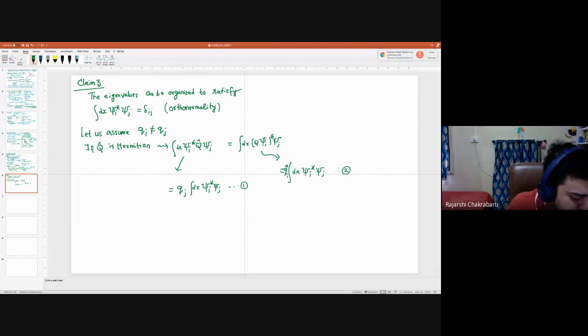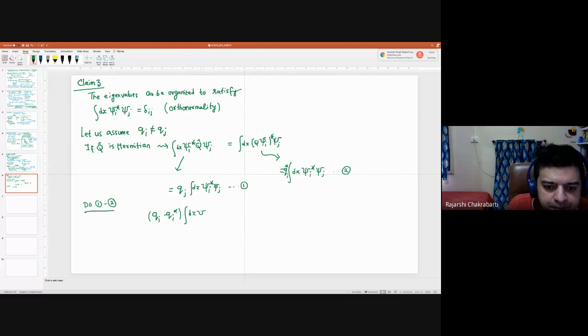Do 1 minus 2, or 2 minus 1, it doesn't matter. If I do 1 minus 2, it will give me Qj minus Qi star, into the integral dx.